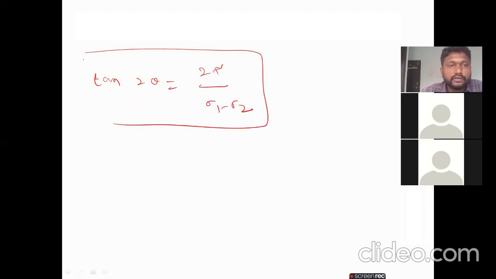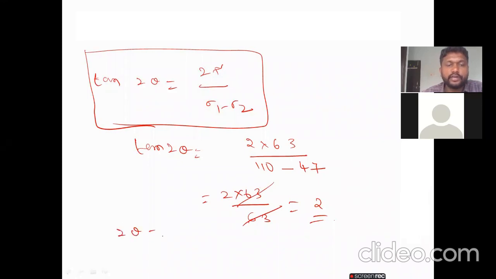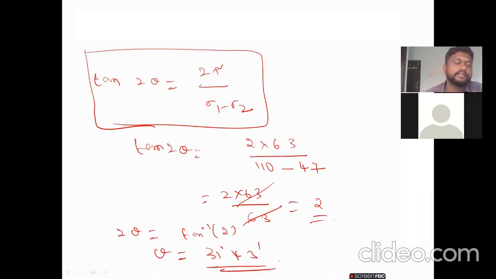I will substitute here: tan 2 theta equal to 2 into tau, which is 63, by sigma 1, 110, minus sigma 2, 47. So 2 into 63 by 63. So I will get 2. Here 63 cancels. Then 2 theta equal to tan inverse of 2. So theta equal to, I got 31 degrees 43 seconds.